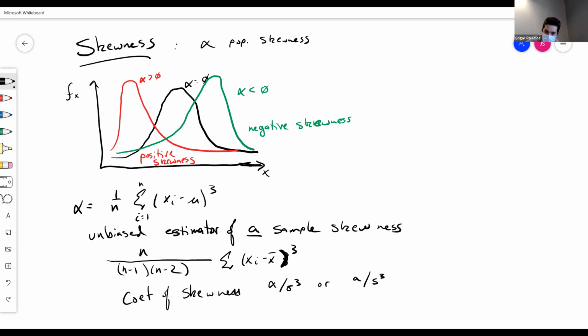Is that an A, Joel? Yes, A right here, and this is alpha. So I've been using Greek letters for the population statistics, and then Latin letters for the sample statistics.